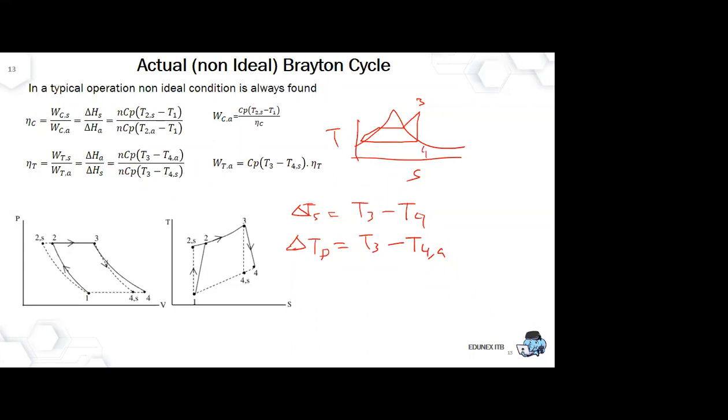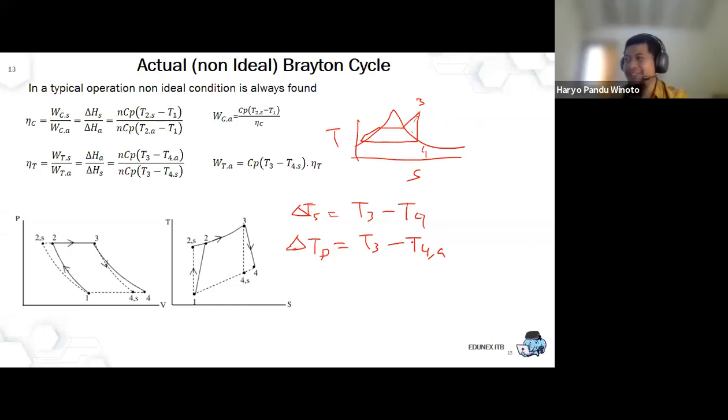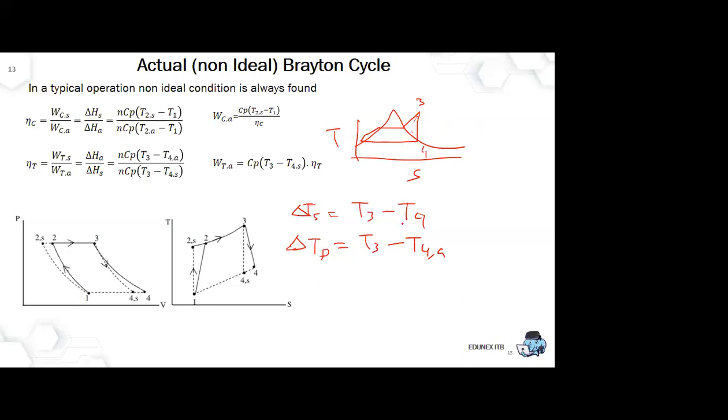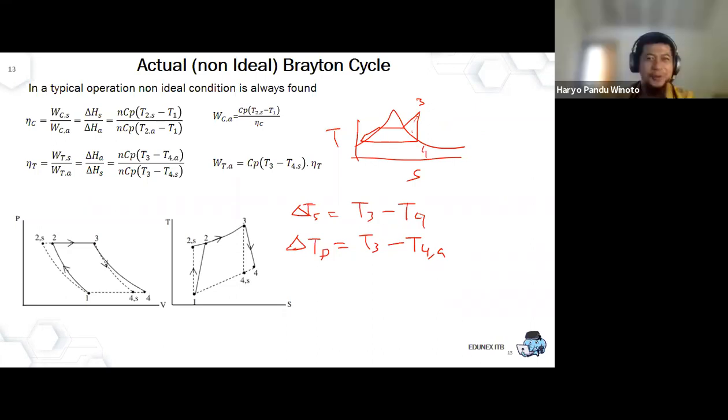To the left or to the right? To the left, sir. T3 or T4, sir? T4 actual, to the left or to the right? Let me give you the clue. It's always going to the 4.